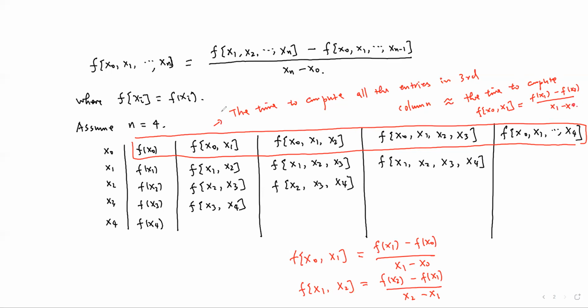So the time to compute all the entries in this column is roughly the time to compute one division. Similarly, if you write down the formulas for the entries in the fourth column, you will see that it turns out that we can compute all the entries in the fourth column at the same time, in parallel.